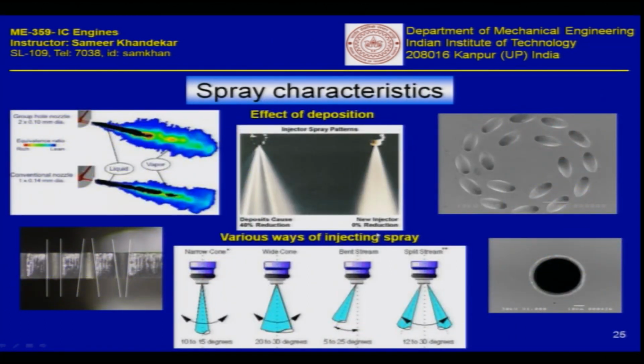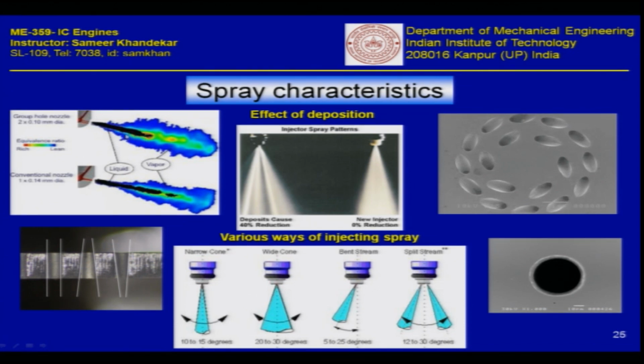So, you can see here that if you have deposits, the cone angle may get affected, the mass flow rate in this cone can get affected. You can even bend the cone; you can have a wide cone or a narrow cone or a bent cone depending on where the hole is.